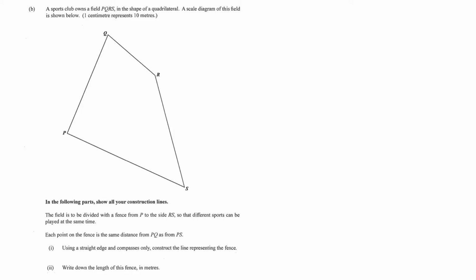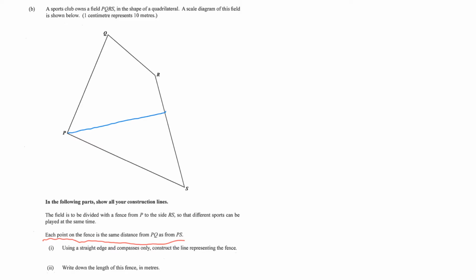In part 1, we're asked to construct a line representing the fence using only a straight edge and compass. So the important thing that we're going to use here is this fact. Each point on the fence is the same distance from PQ as from PS. I'm going to start by drawing a line from P to the side RS.